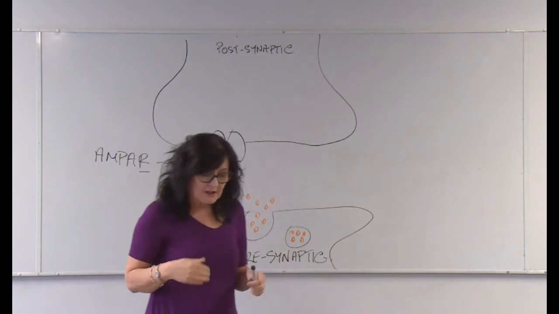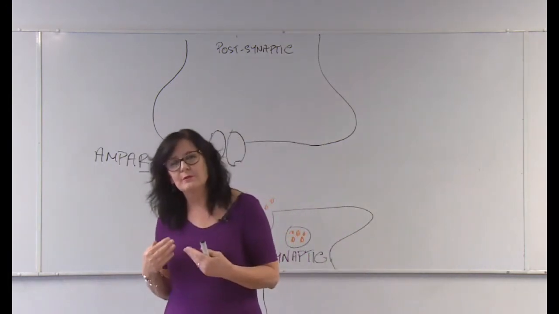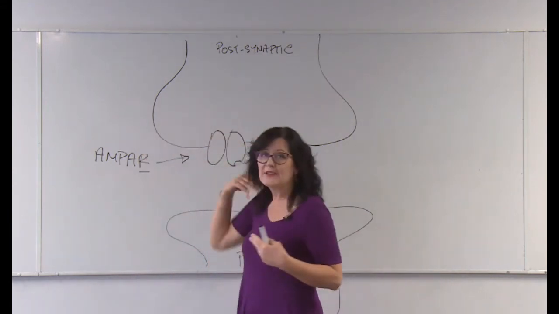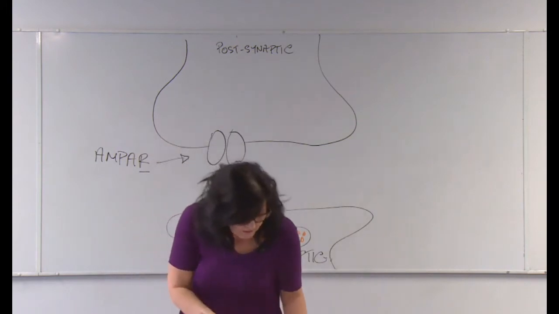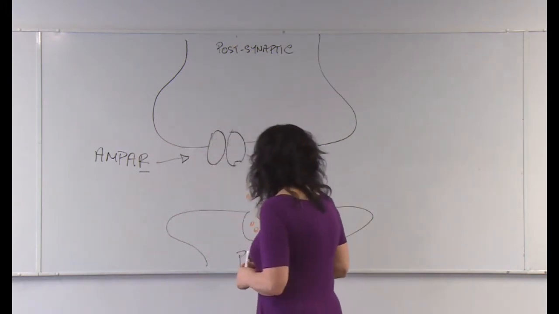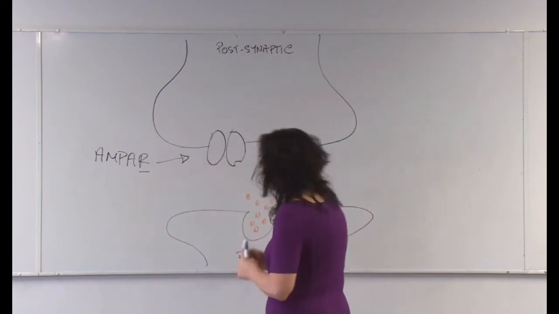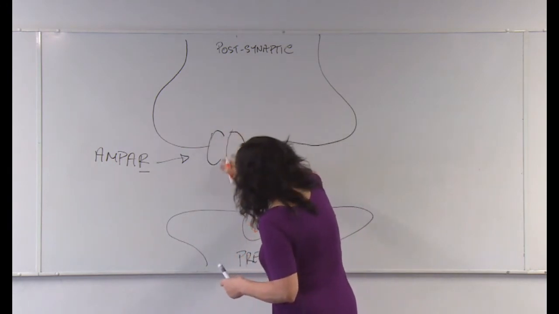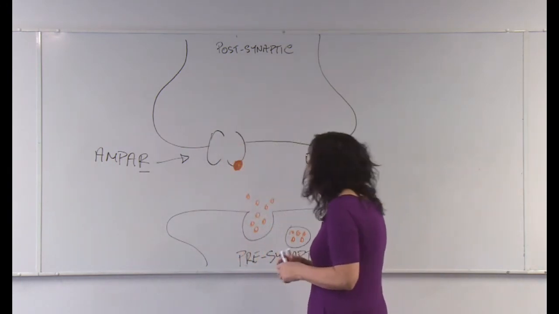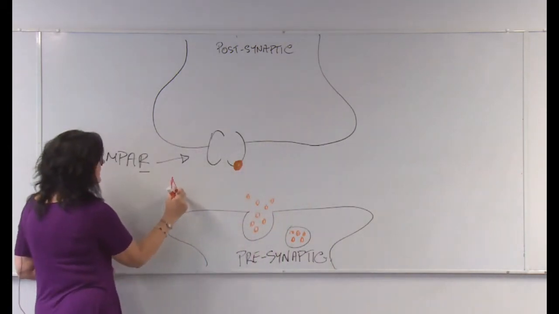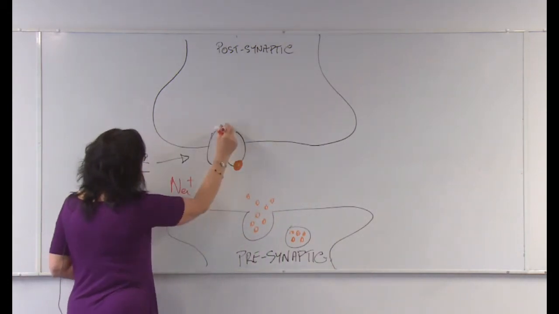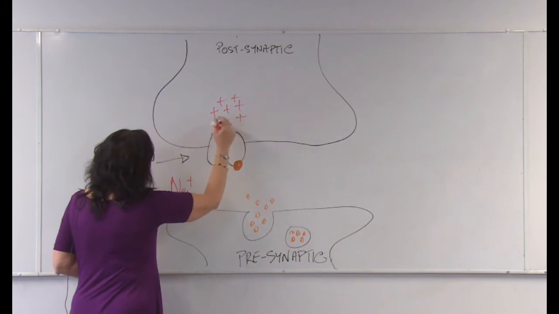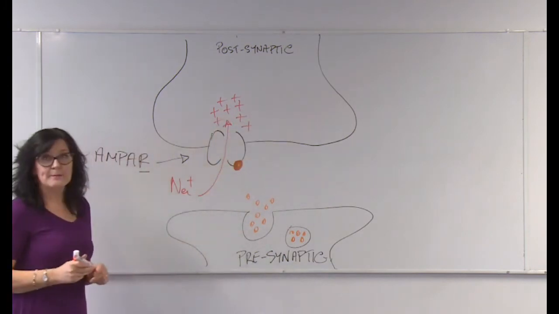And this is the channel that is mainly responsible for creating EPSPs in our postsynaptic neuron and transmitting that action potential. So, with AMPA channels, when glutamate diffuses across the synaptic cleft and binds, our AMPA channel opens, and we get an influx, as you'd expect, of sodium, which gives us local depolarization, in other words, an EPSP.